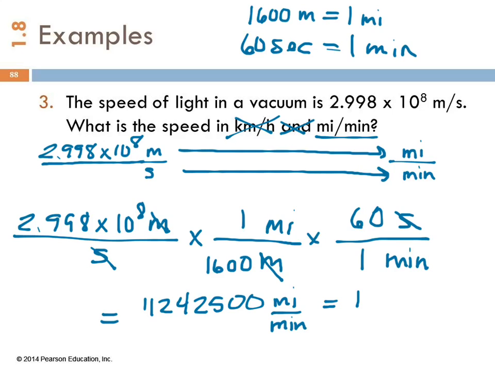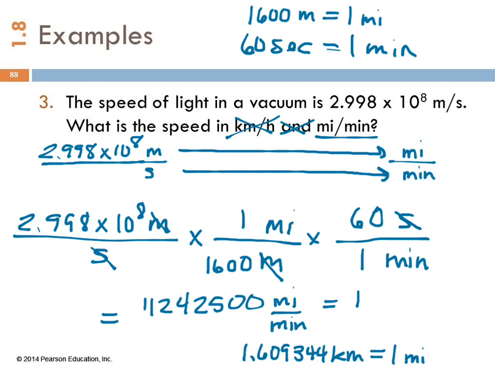1 mile in metric. Kilometers. 1.609344 kilometers is 1 mile. Now that's not exact either, but that's got a whole bunch of significant figures.